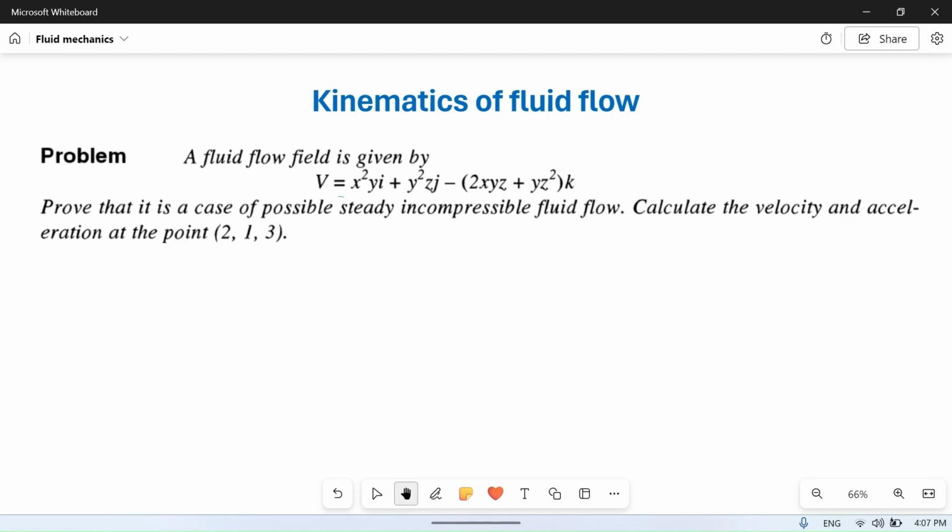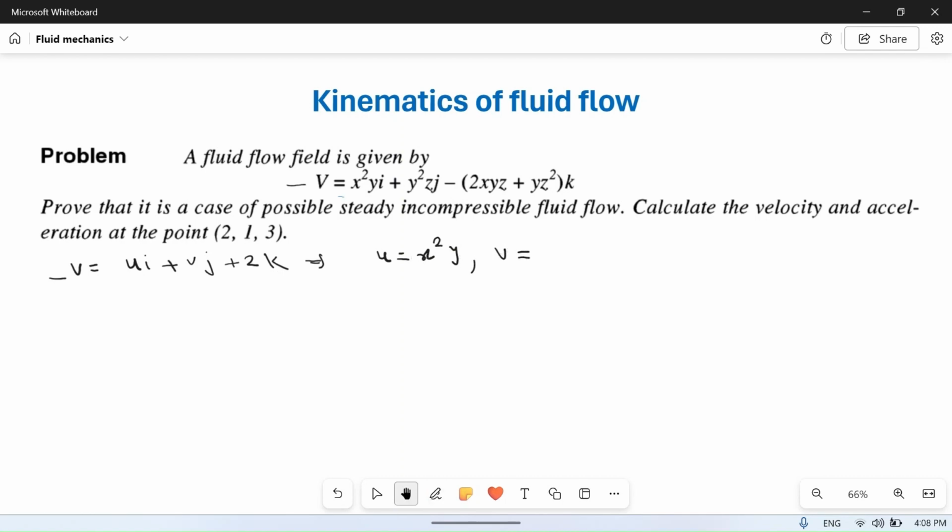First of all, this is the velocity. Velocity v is given as u i + v j + w k. If we compare these two, we can find that u = x²y, v = y²z, and w = −2xyz + yz².